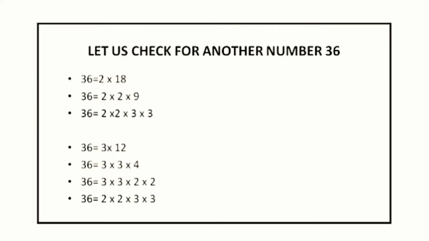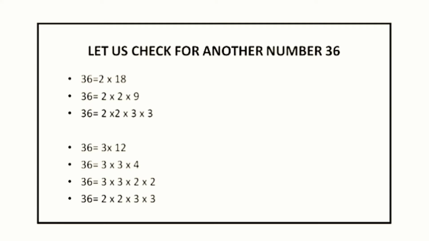given number. Let us check for another number, 36. 36 can be expressed as the product of factors. 2 and 18 are the factors of 36. Hence, 36 equals 2 into 18. 36 can also be expressed as 2 into 2 into 9 because I have replaced the number 18 with 2 into 9.